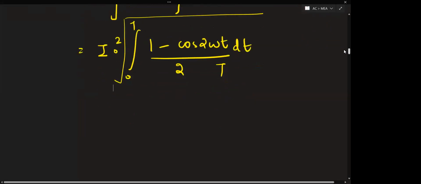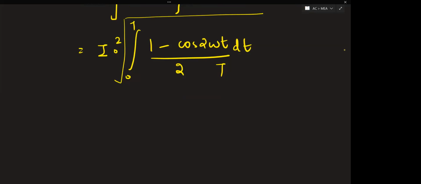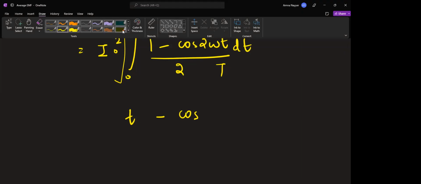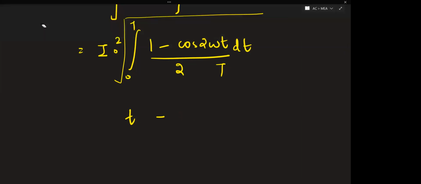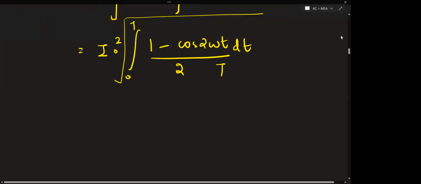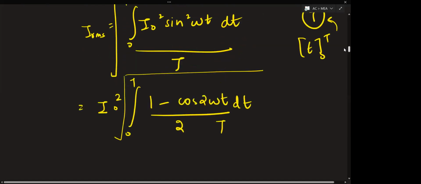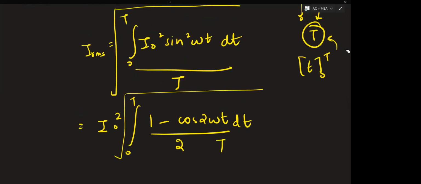Now solving this further. The dt integration means T, and here you have cos 2 omega t. I naught sine square omega t was written by the identity as 1 minus cos 2 omega t by 2.